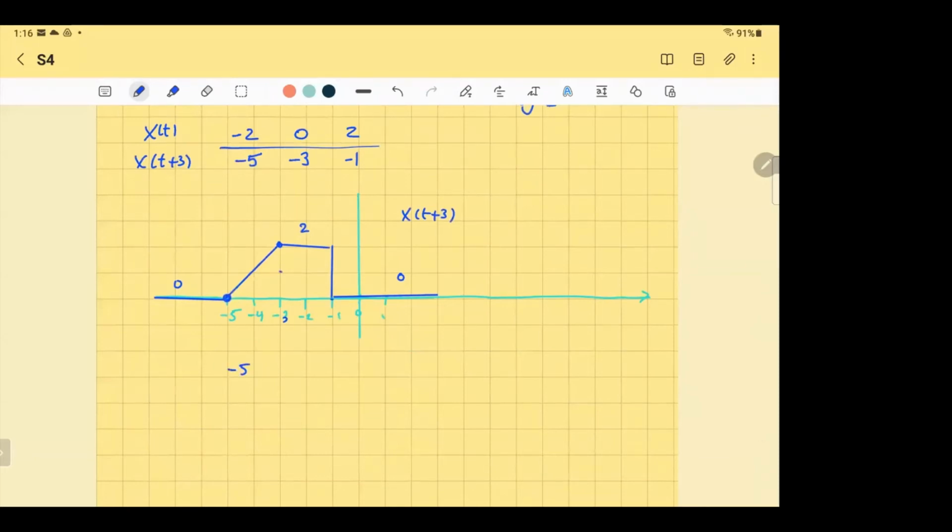That's what I have, x(t) plus 3, and I want to have x(2t plus 3). So I have -5, I have -3, and I got -1, and now a compression by 2. So I divide every single thing by 2. So I have -2.5, -1.5, -0.5.